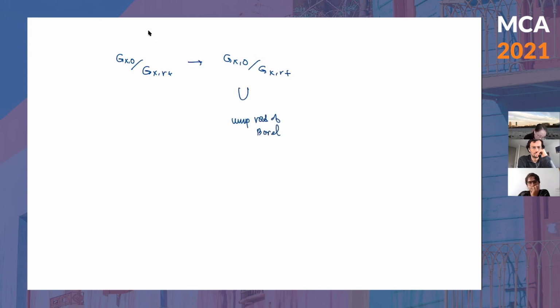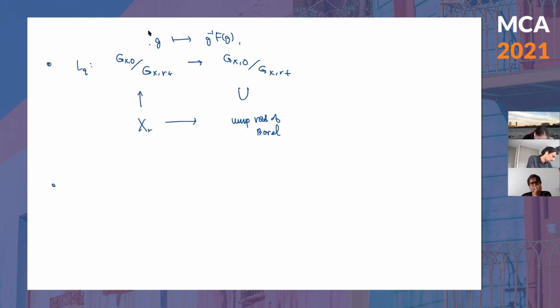There's a map from this quotient to itself, given by the Lang map, which takes g to g inverse F of g. The kernel of this map is the rational points. And so this XR fills in this square.